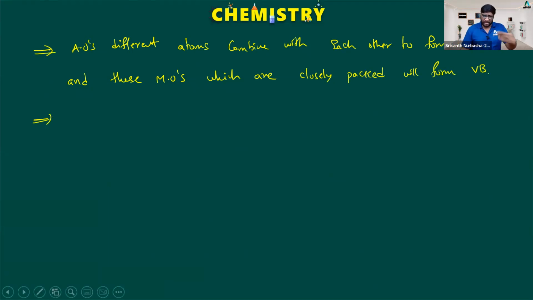From that only we explain the concepts of Fermi energy levels, trap sites and all.